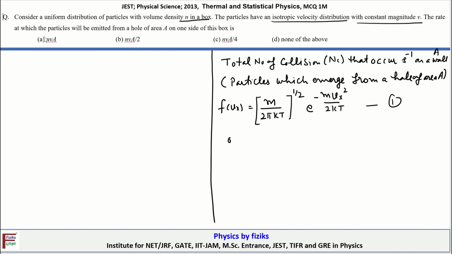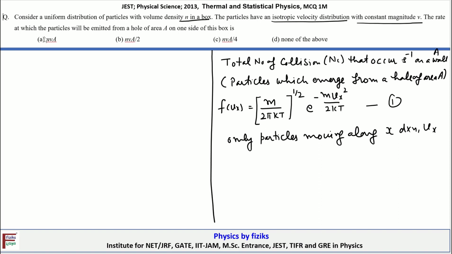So only particles moving along the x direction with velocity Vx.